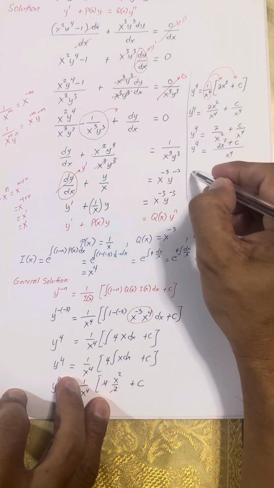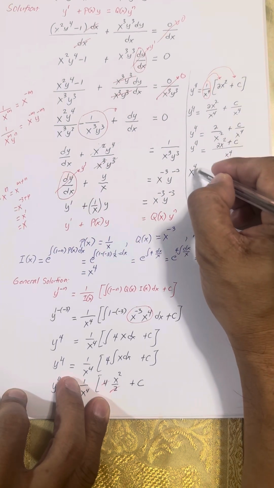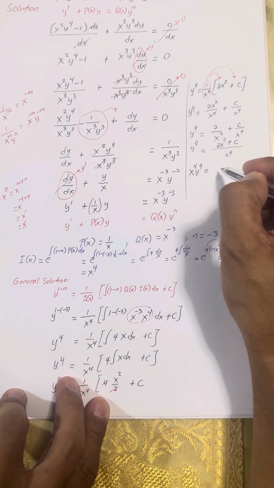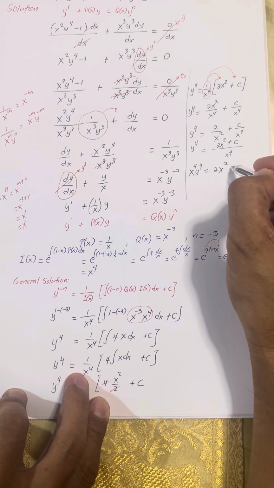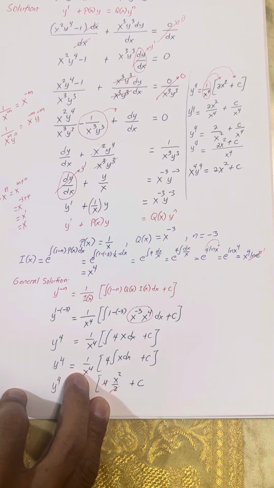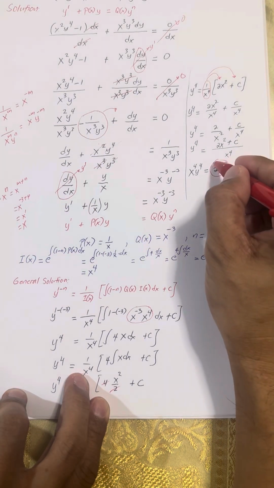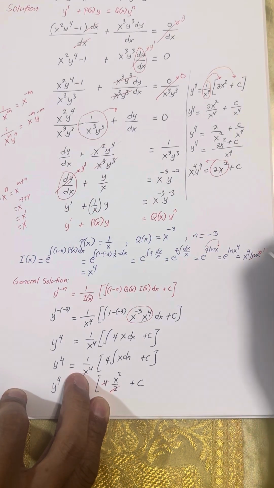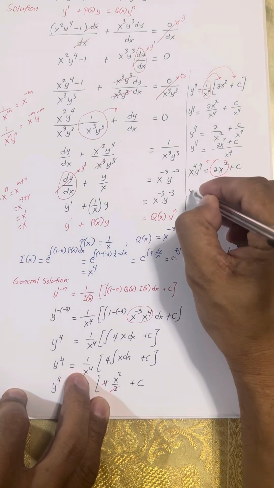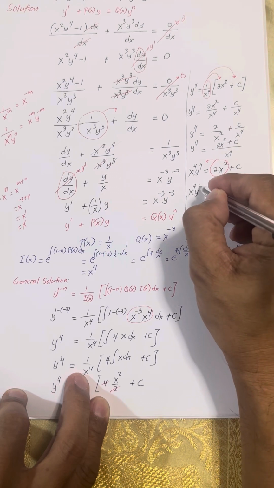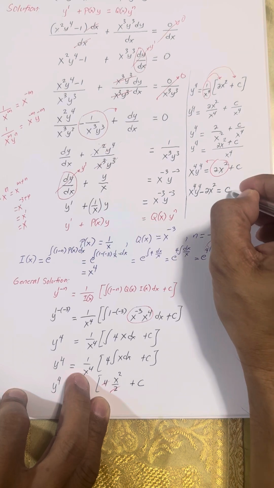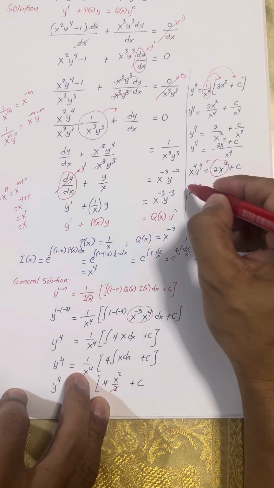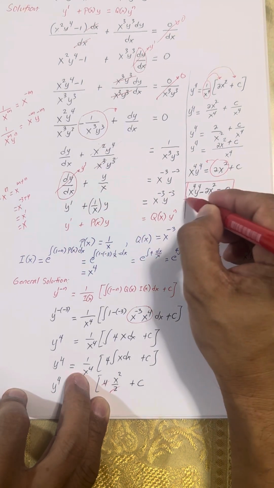Then cross multiply, so we have x to the 4th equal to y squared times x squared plus c. Or if we transpose this to the other side, we can express our answer as x to the 4th minus x squared y squared equal to c. So this can be another form or expression of your answer.